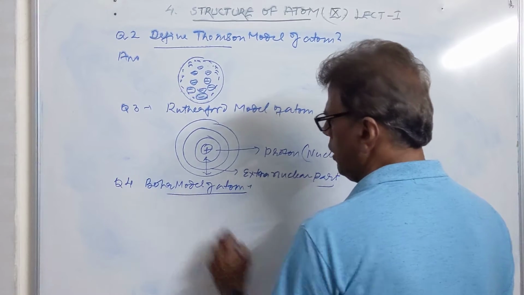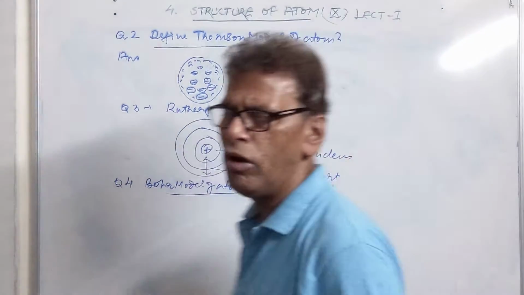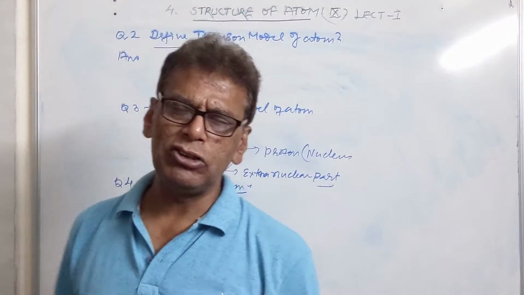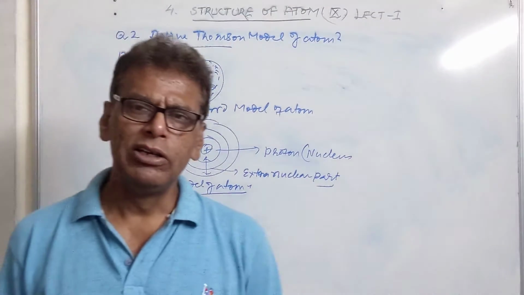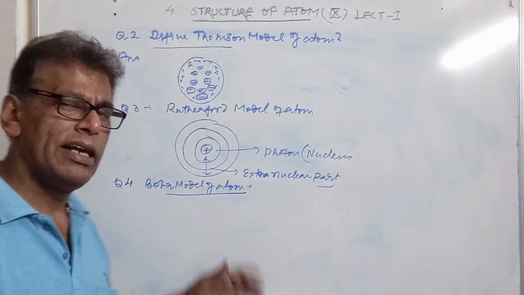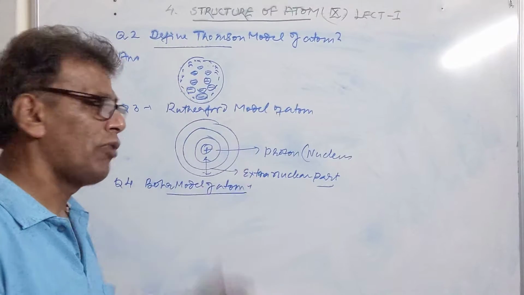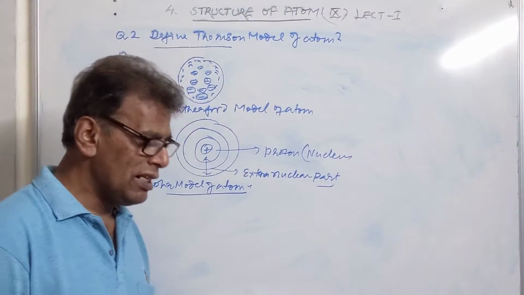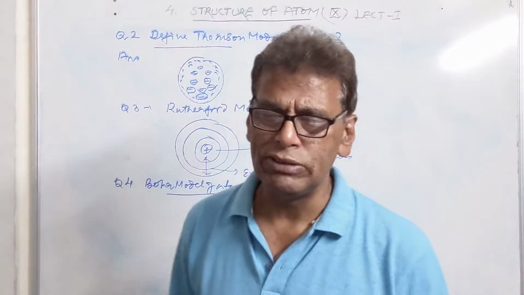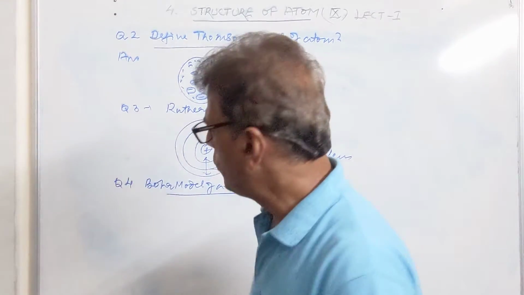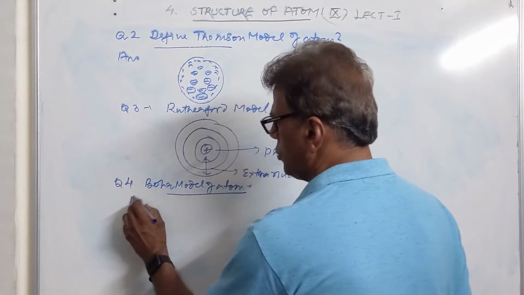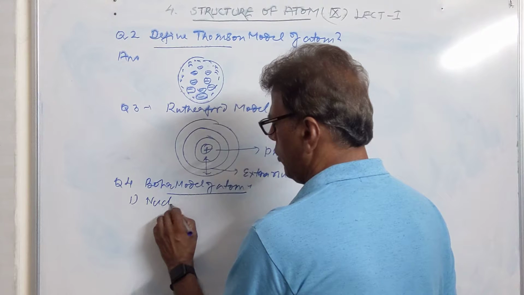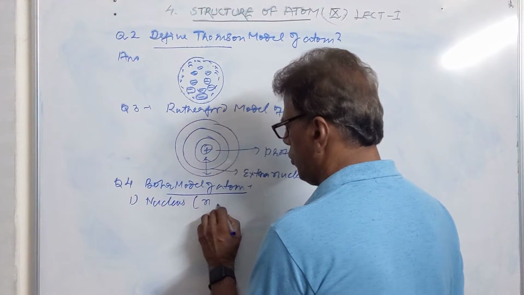In 1913, Niels Bohr proposed his model of atom. He gave some postulates to give the model of atom. The first postulate was that there is a dense positively charged center, which was proposed by Rutherford also. There is a dense positively charged center situated in the center of the atom, that is called the nucleus. So the first postulate was the establishment of the nucleus which contained neutrons and protons.